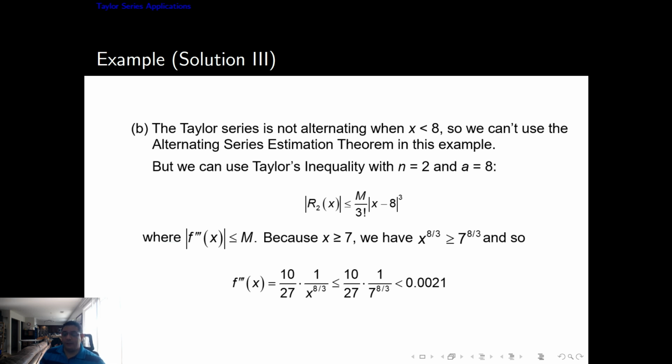And we know that the absolute value of f triple prime has got to be less than a certain M. And this is going to be true in particular because when x is bigger than 7, so for example, from 8 onwards, we can have that x to the 8 thirds is going to be bigger than 7 to the 8 thirds, which is just given by the fact that the powers are increasing.